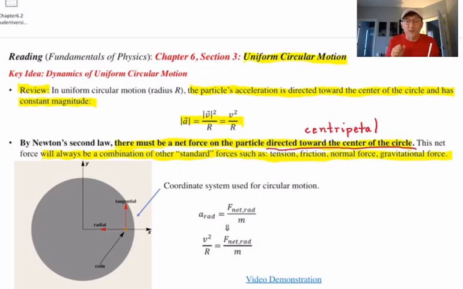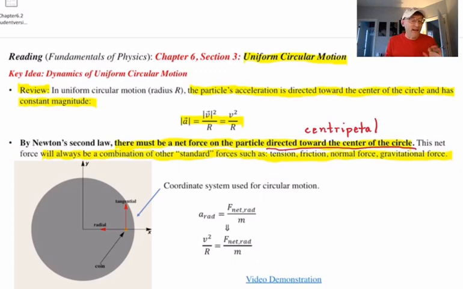Or it can be a normal force. I'll show you an example of that in a minute. Or it can be a gravitational force, when one body orbits another, such as Moon orbiting Earth. Okay, but this net force towards the center of the circle is going to come from standard forces we've already studied. And we'll learn next semester about another one called a magnetic force that will do this for us as well.